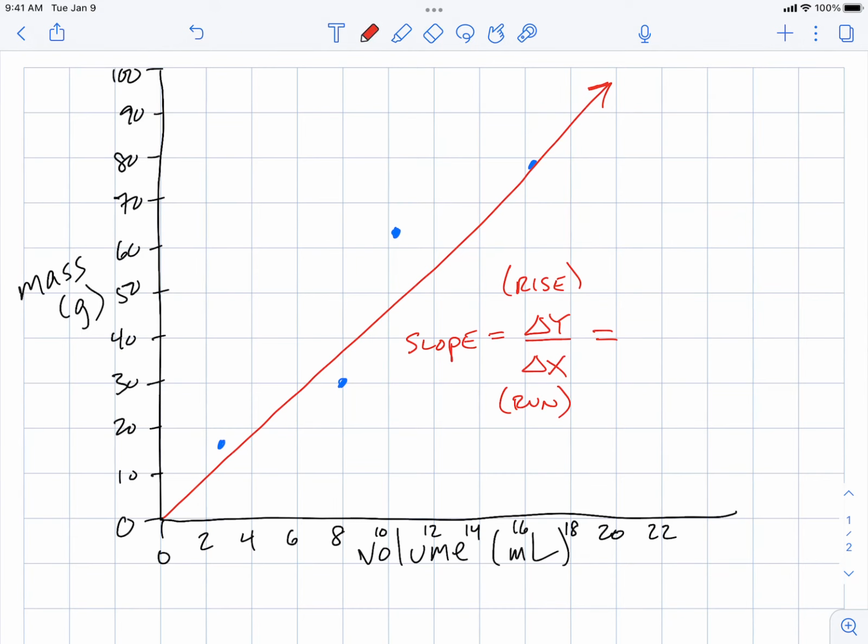Mass. So if I'm looking at the change in y, I'm really looking at the change in the mass. And if I'm looking at the change in x down here at the bottom, all of these x values, those are volumes. So we should recognize this formula, mass over volume. This is how you calculated density.